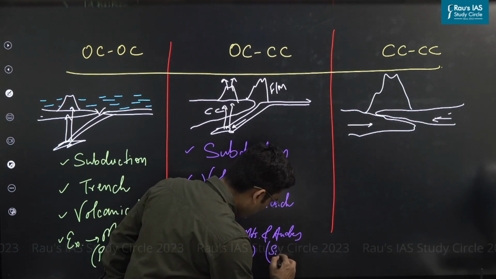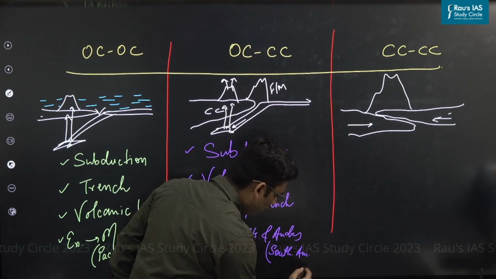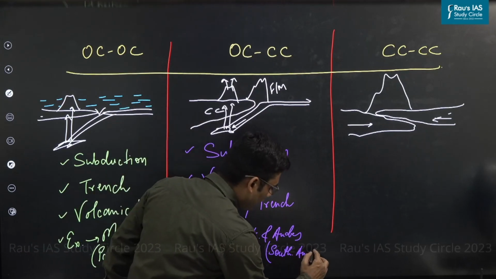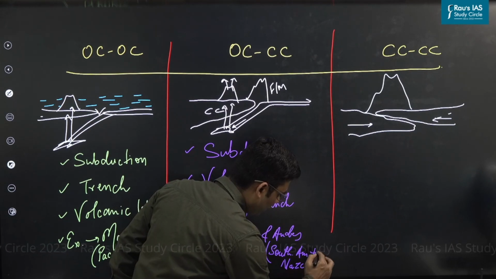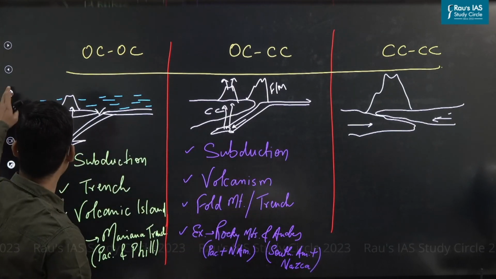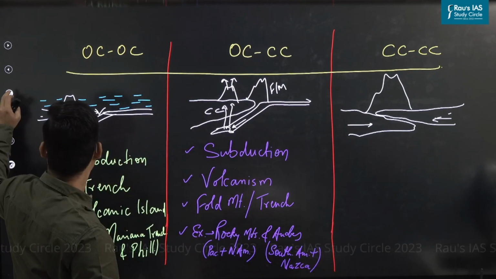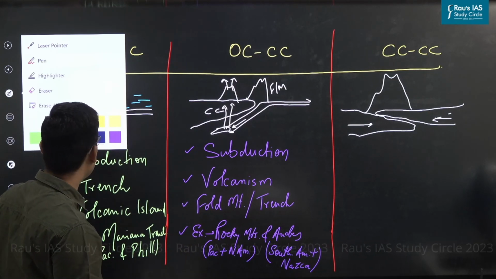Rocky Mountains would be Pacific Plate with the North American Plate, and the Andes mountain now would be the South American Plate with Nazca Plate. This becomes the OC-CC convergence, and the third aspect that becomes now the CC-CC convergence.